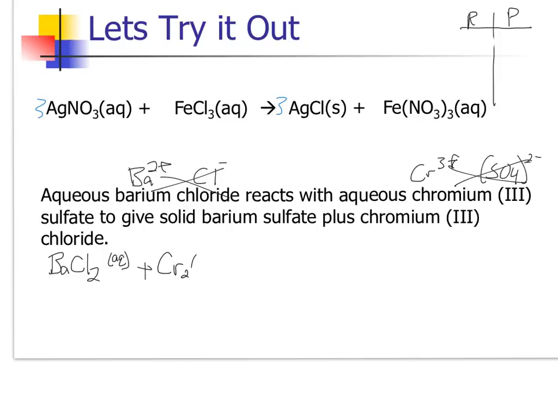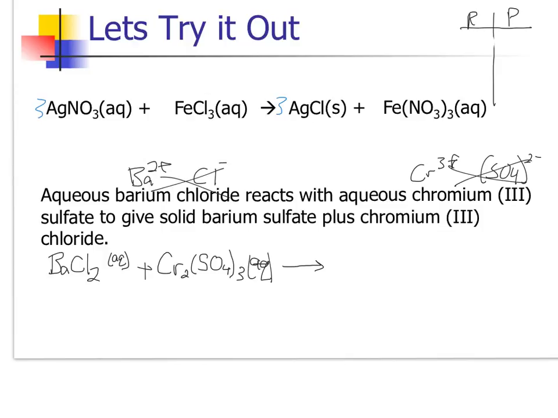Then I have my sulfate, SO4, if I write that out correctly. Outside the parentheses goes the 3 because I have a total of 3 sulfates. And that is also aqueous. I should make sure and indicate that. Arrow, to produce solid barium sulfate.